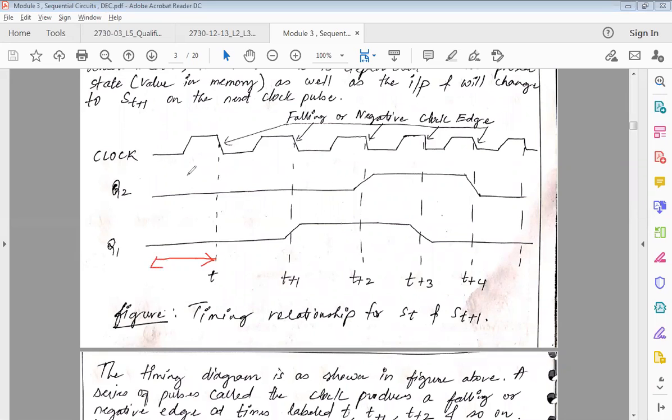what is the value of Q2? Q2 is 0, a low value. Q1 is also 0. Similarly, I can check for the other timings. So here I can see for t to t plus 1 it is also 0.